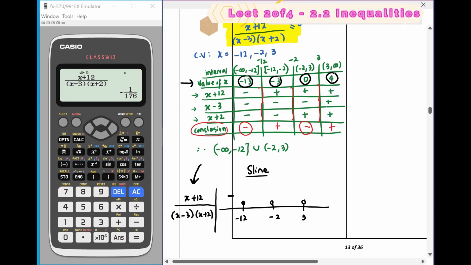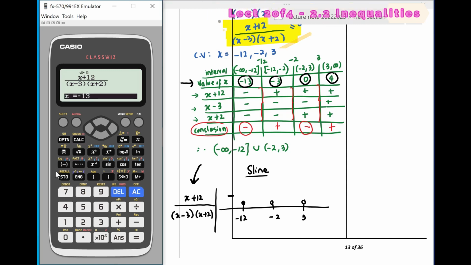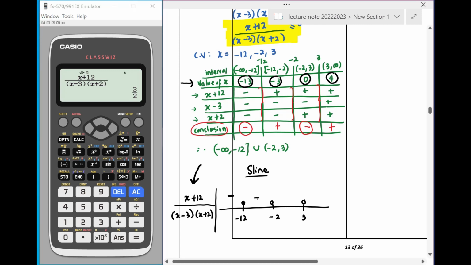Okay, so next, negative 3. So calculate negative 3. I get a positive value, so I put positive here. Next one is 0. I get a negative.